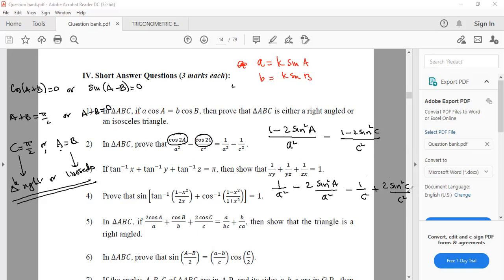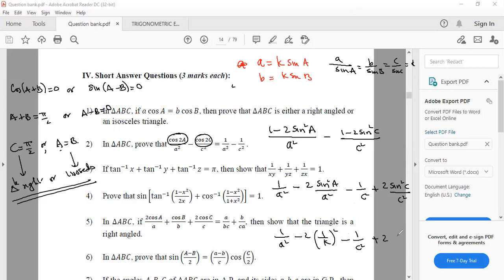So till now, no explanation, just direct application. Now you will write what is our sine rule? A by sin A is K. This sine rule you will write it equal to K. So write this is 1 by A square minus 2 into 1 by K square, 1 by C square minus 1 by C square.